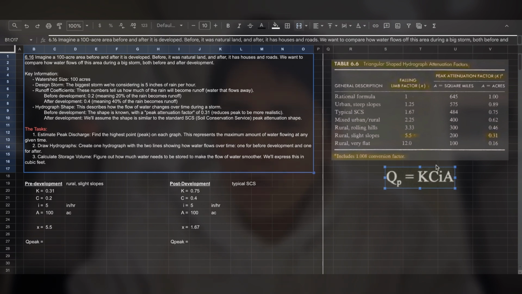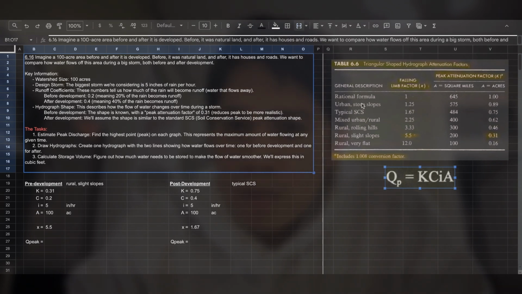Now, in this approach, instead of just CIA, this formula is peak flow equals K times CIA. Why haven't we involved K before? It's because we've been using the rational formula where that K value is 1, and we've been using areas in acres. So that K value is 1, so you don't need it, that's why we haven't been putting it in there.